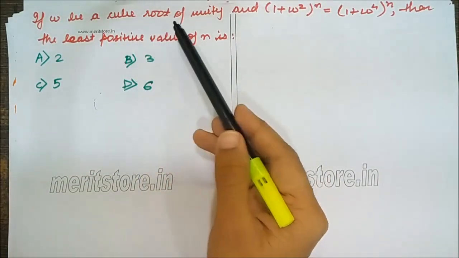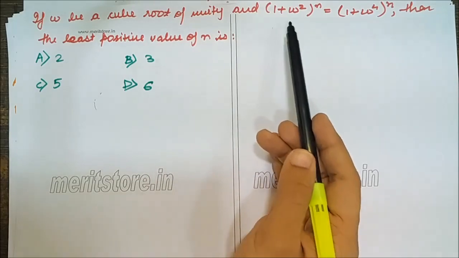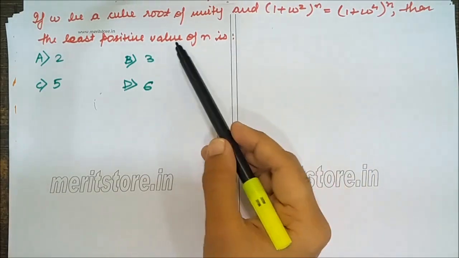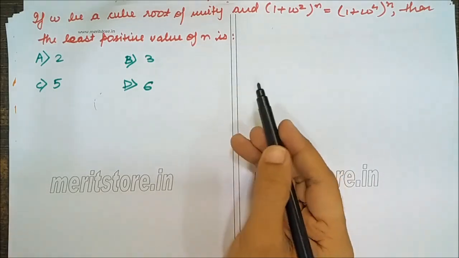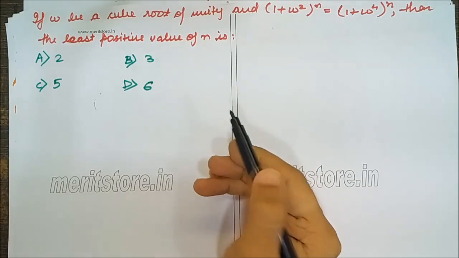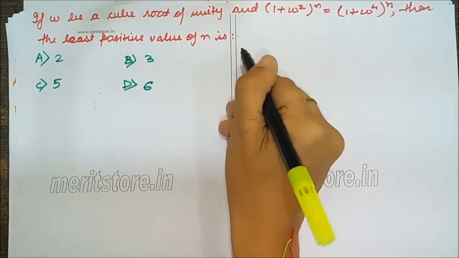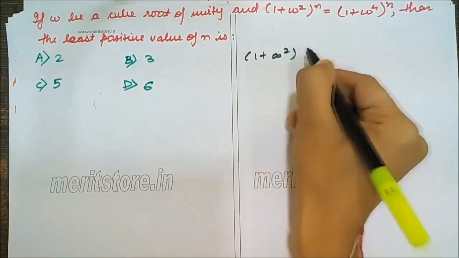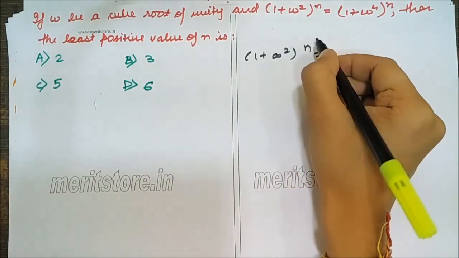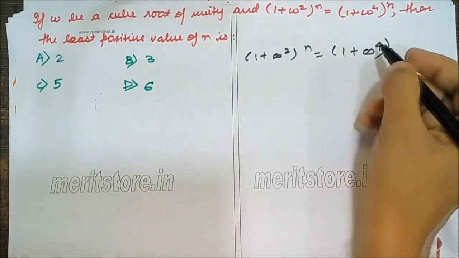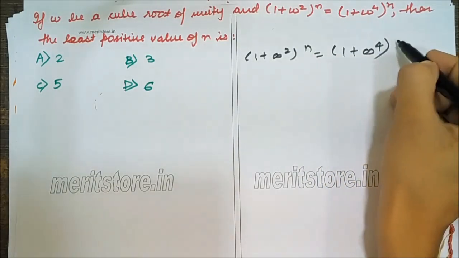If omega be a cube root of unity and 1 plus omega square raised to n equals 1 plus omega raised to 2n, then the least positive value of n is, so 1 plus omega square raised to n is equal to 1 plus omega raised to 4n.